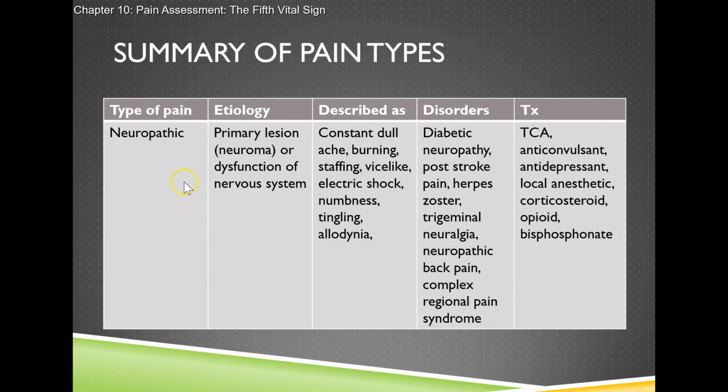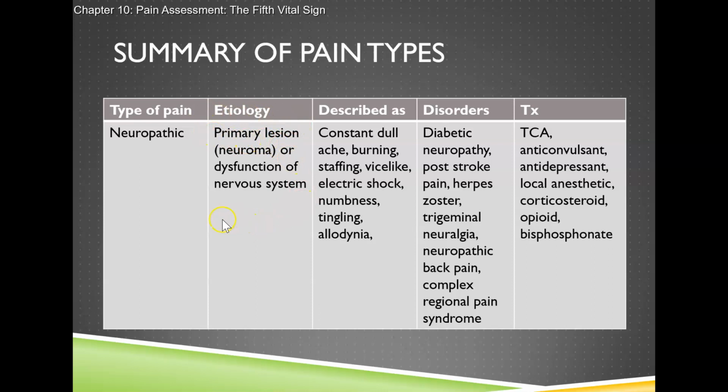Neuropathic pain. Remember I told you guys that when you have neuropathic pain, it's almost like a disruption. It's not a normal finding. It's not a normal type of functioning of your central nervous system. And that can be caused by you having a lesion. When I say a lesion or neuroma, it could be some type of tumor.